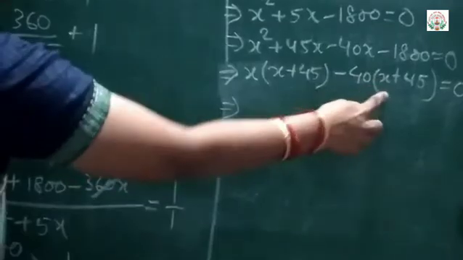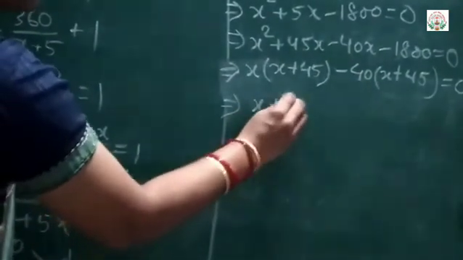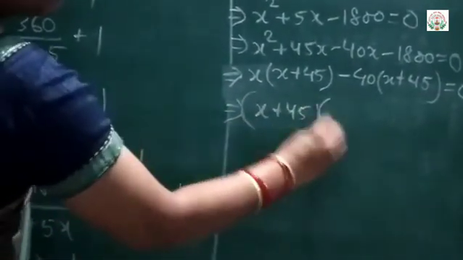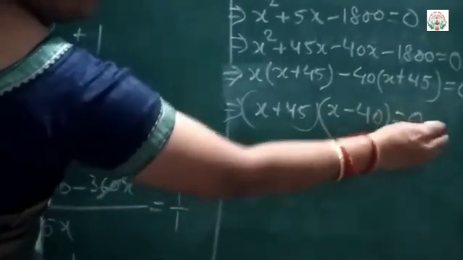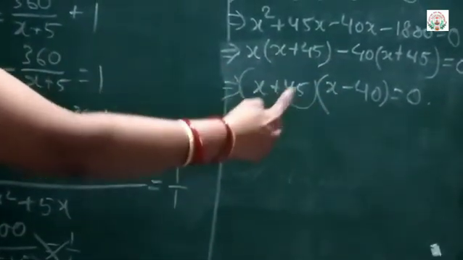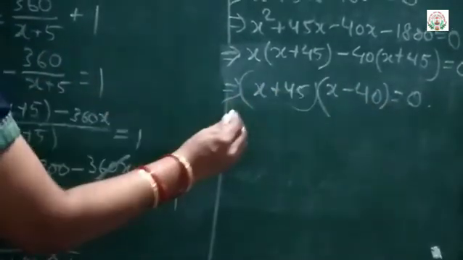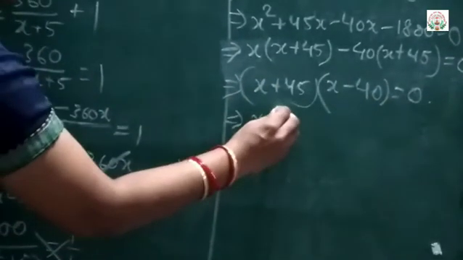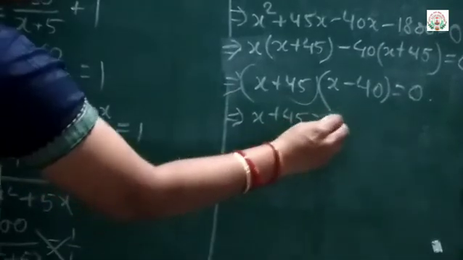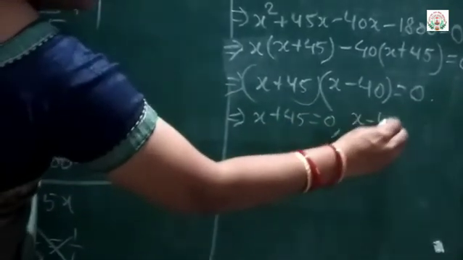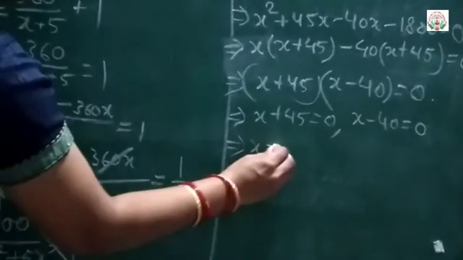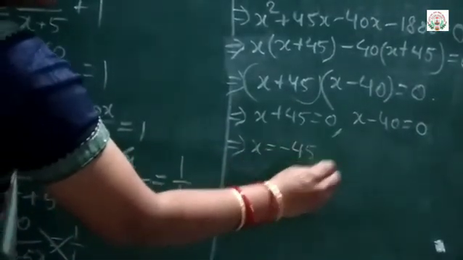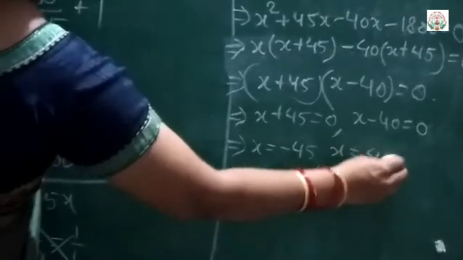Now in these two, what is common? x plus 45. Then what is left out here? x minus 40 equals 0. Now again, equating each term to 0, x plus 45 equals 0 and x minus 40 equals 0. This implies x equals minus 45 and x equals 40.